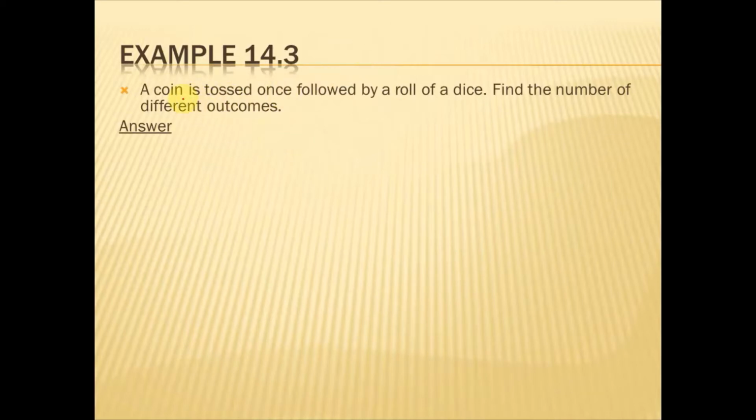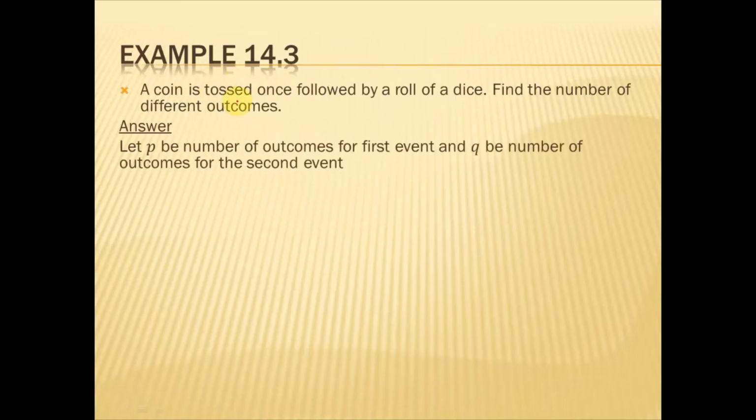So a coin, meaning it will toss the coin first, then roll the die. A coin toss would be your first event. So I will let P be the coin toss, and then Q be the roll of the die.